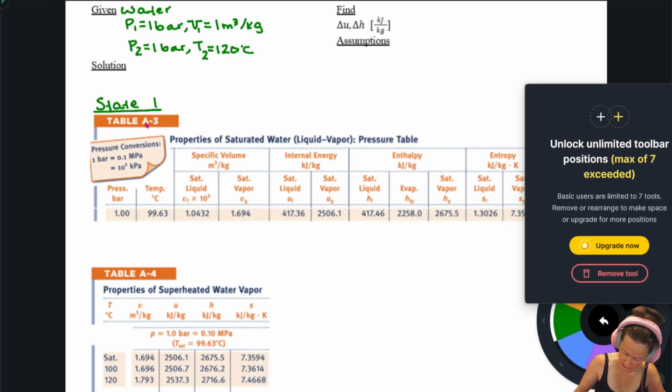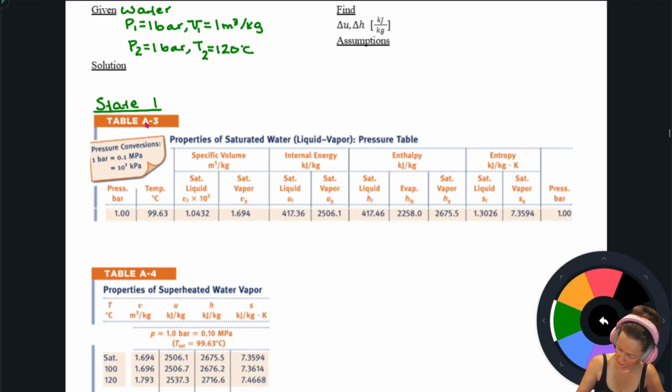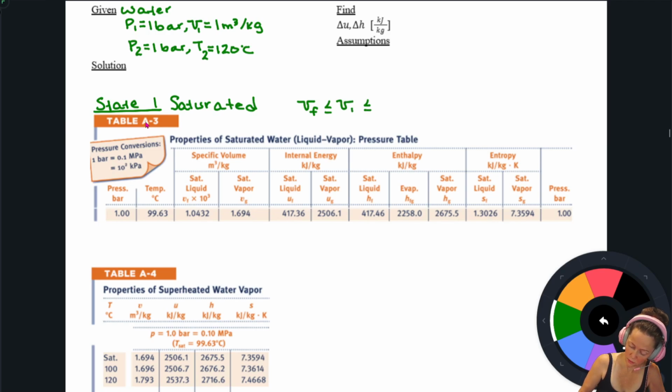So I can see that at 1 bar, at a specific volume of 1 meters cubed per kilogram, we're between the V sub F and the V sub G. That's good, that means it's saturated, and I know that because we're between the V sub F and V sub G values.